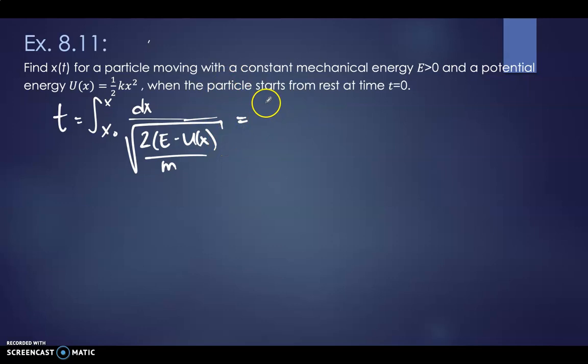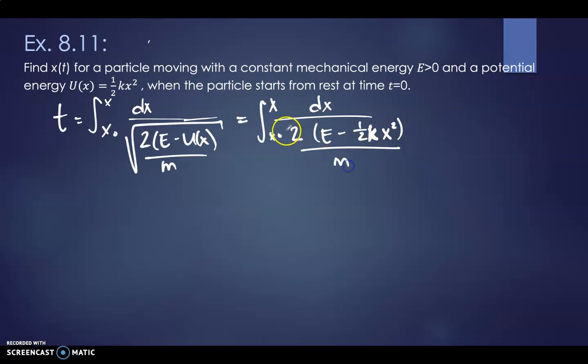So we can plug in our value here: 2e minus 1/2 k x squared over m, all in the square root.